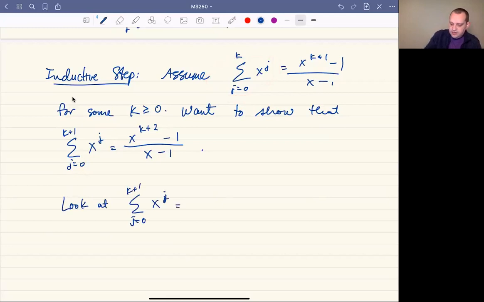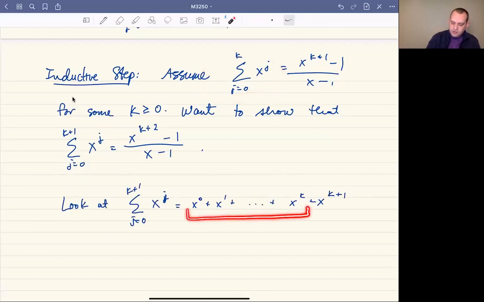And this is just x to the 0 plus x to the 1 plus all the way up to x to the k plus 1. But think about what this sum is. This sum from 0 to k is really the sum x to the 0 plus x to the 1 plus all the way up to x to the k.